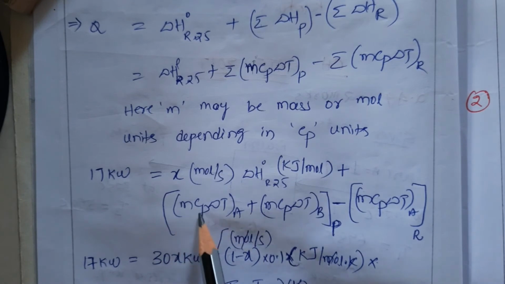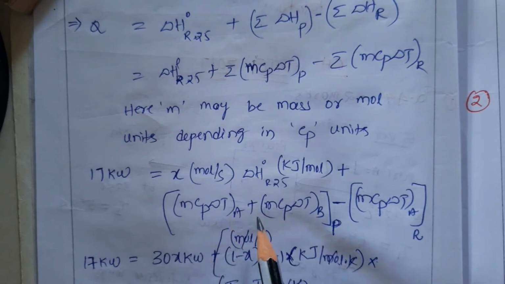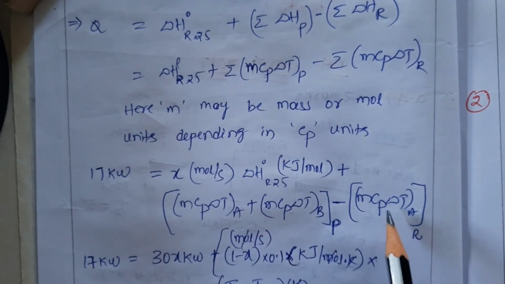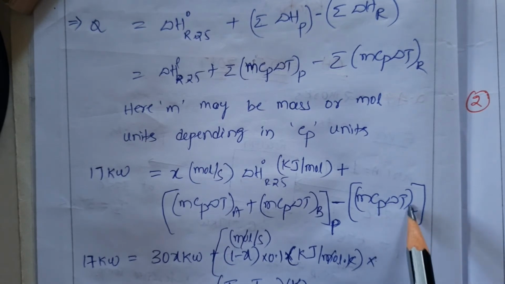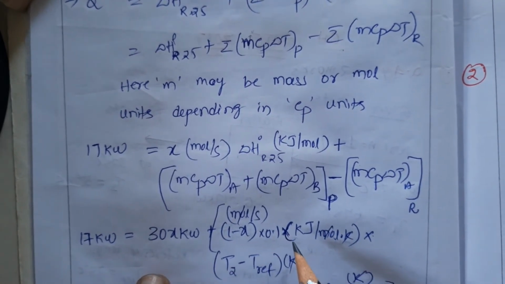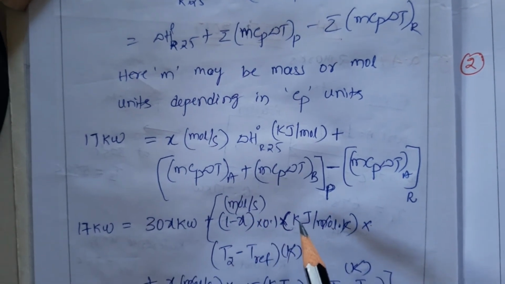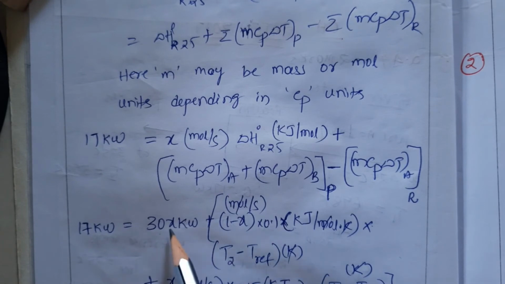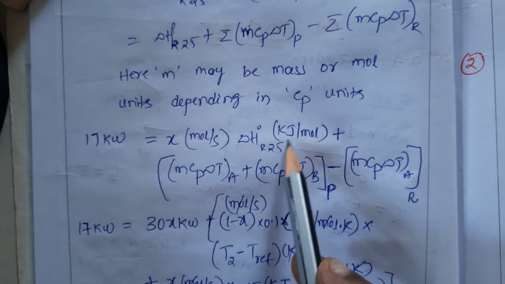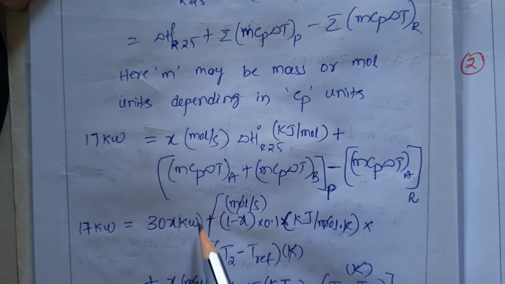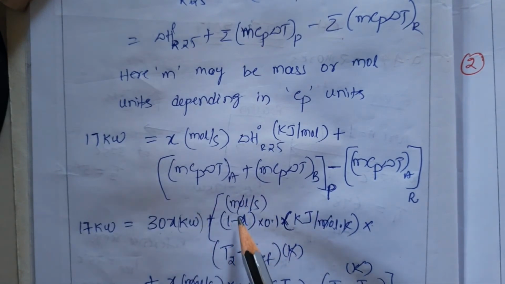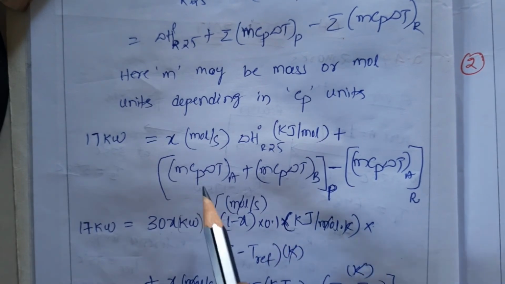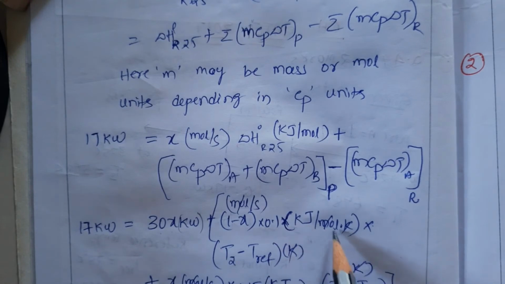So here, since the product contains A and B, it is mCp delta T of A plus mCp delta T of B, minus, for the reactants, only A is present, that is mCp delta T. By substituting the corresponding values and checking the unit consistency, this is 30x kilowatts, the heat of reaction multiplied by x, plus mCp delta T of A. Moles of A in the product stream is 1 minus x, so 1 minus x into Cp of A, 0.1 kilojoule per mole Kelvin.